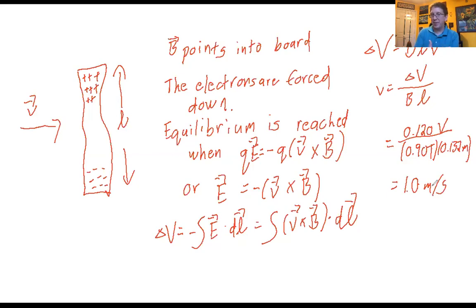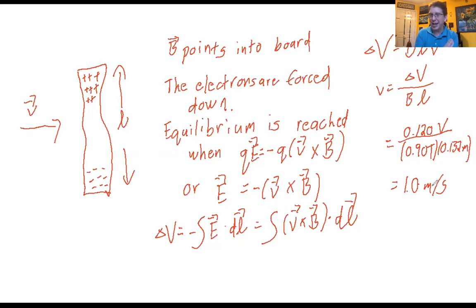And again, that's if everything is perpendicular and nothing is changing over the length of the conductor that would require integration. So if V and B are uniform, you're not going to need integration, but you may need the cross product and the dot product.